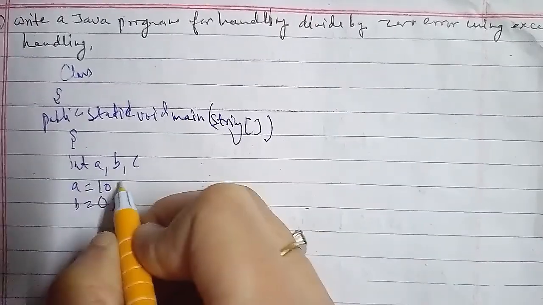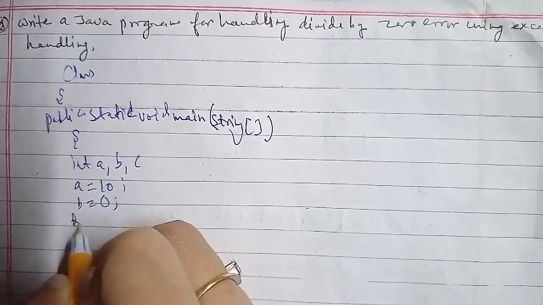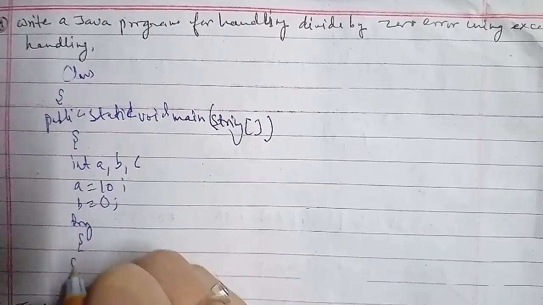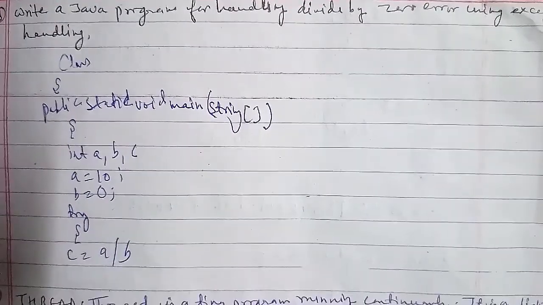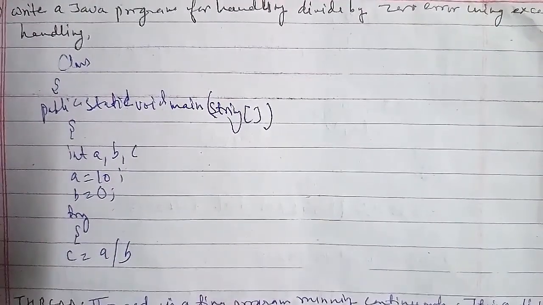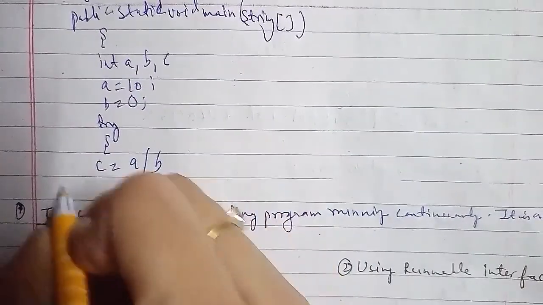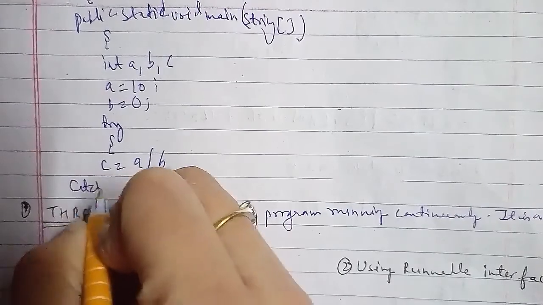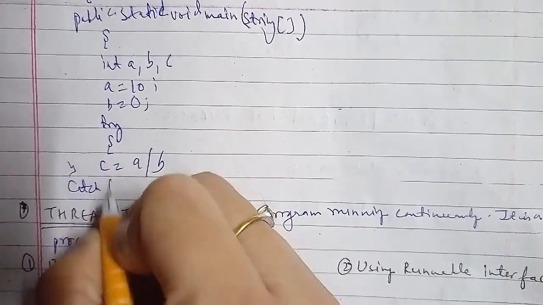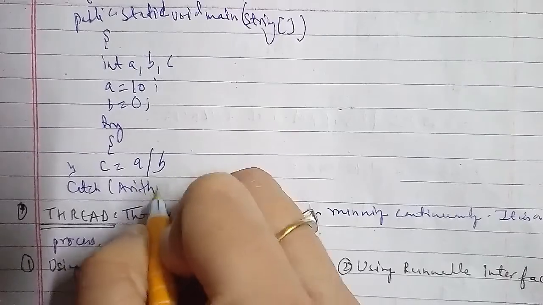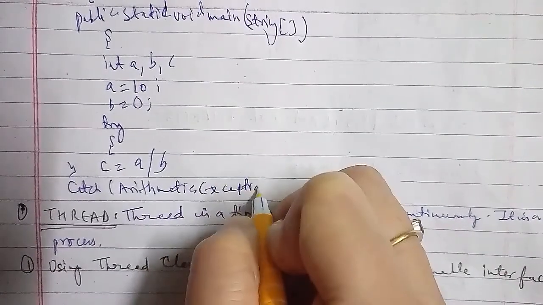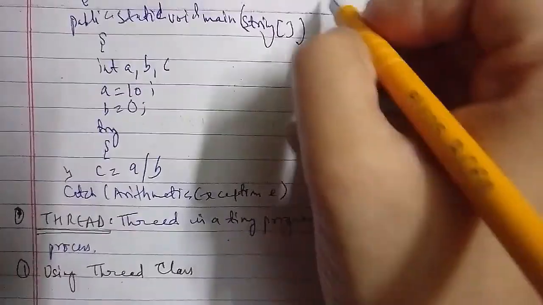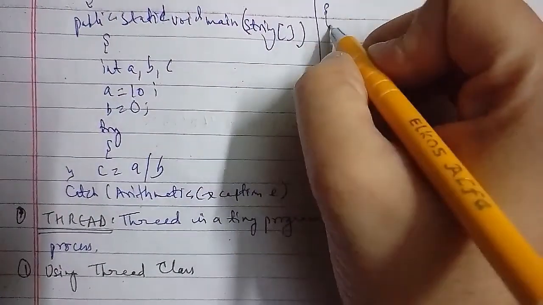Okay, this is the catch. Closing bracket, catch (ArithmeticException e), then another starting curly bracket, that is System.out.println("\nDivide by 0").